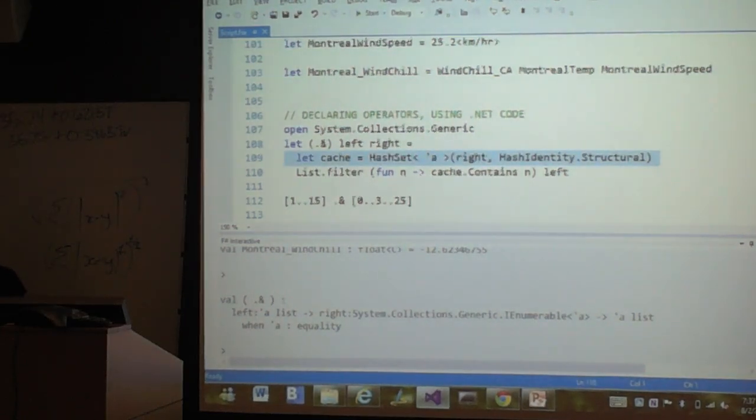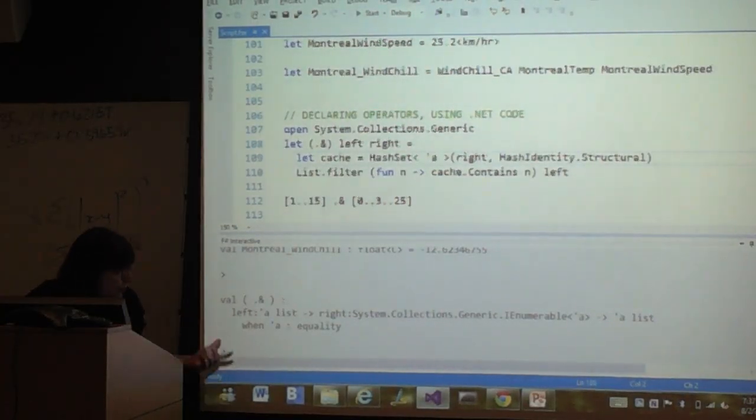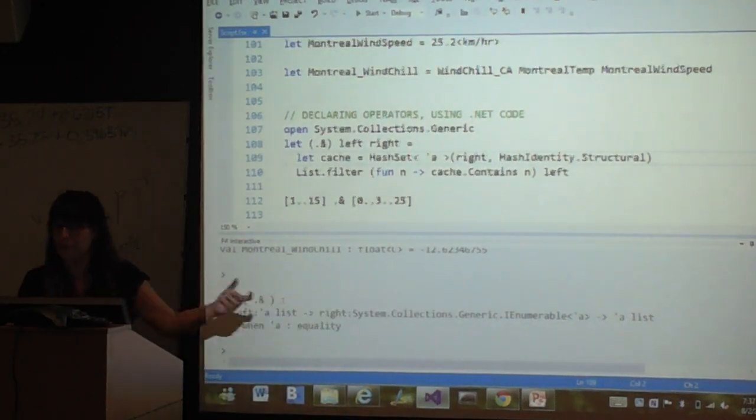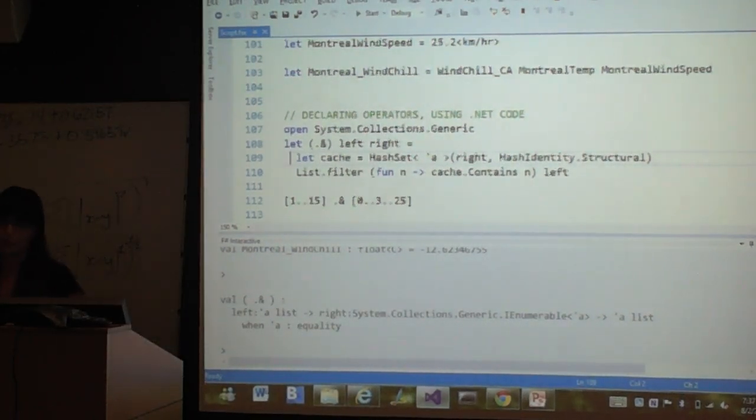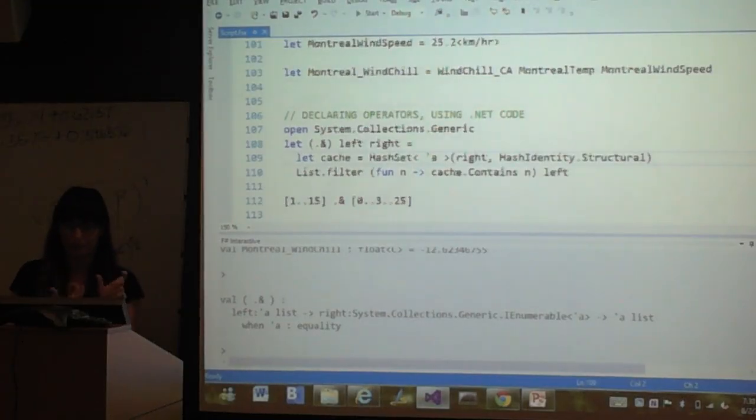What's your question? Where does the apostrophe A come from? Generic. Yeah, so it's passing a particular type. Where's that type come from then? Whatever it is that you're passing in. So it infers it from what you're taking the union of, I assume.